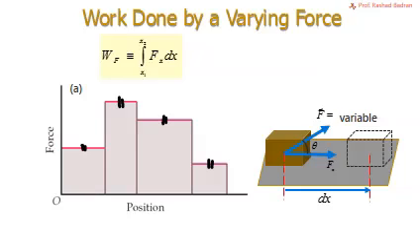We can get the work done by this varying force by taking the area under the pink lines, that is the area of the rectangles. The sum of the areas of the rectangles represents the work done by this force when the object is displaced from this position to this position.